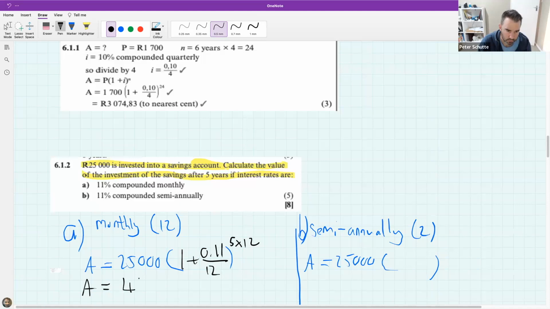I get 43,222.89. Let's see if anyone agrees with me. Yep, Emmanuel agrees with me. Stefan Lala agrees with me. Let's see about B. Who can find me the answer for B?